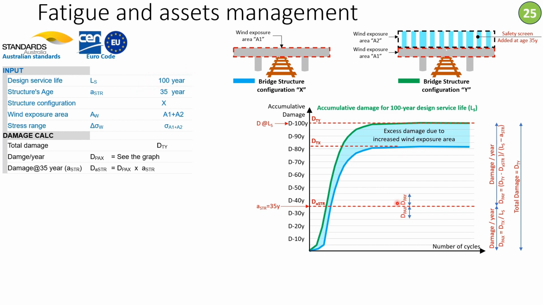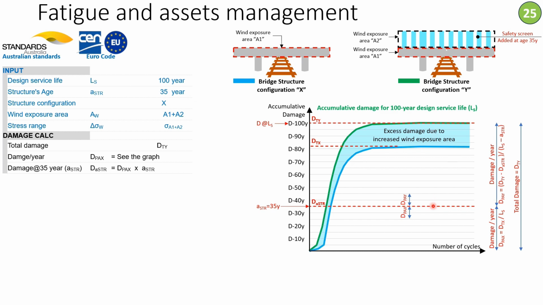Now we come to the damage per year after adding the safety screen. The theoretical remaining life that the structure is intended to serve is 65 years, which is the intended design service life of 100 years minus the age of the structure, 35 years.